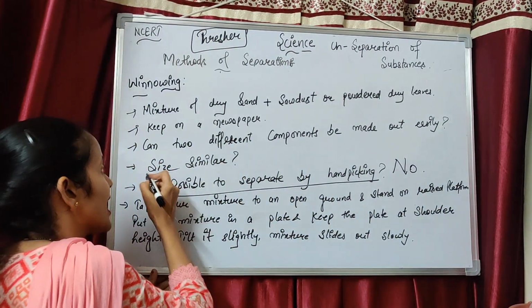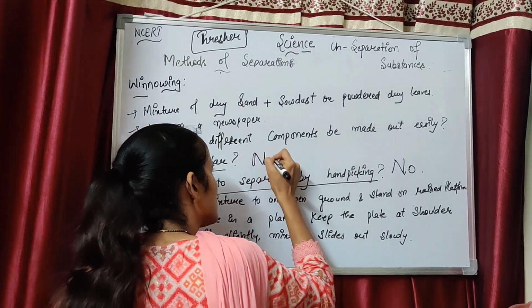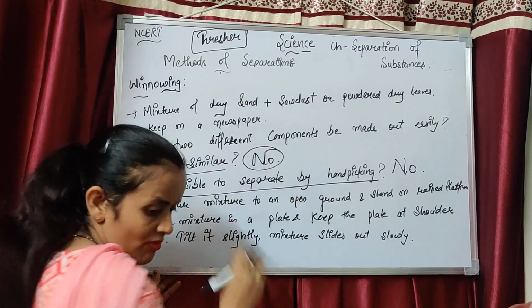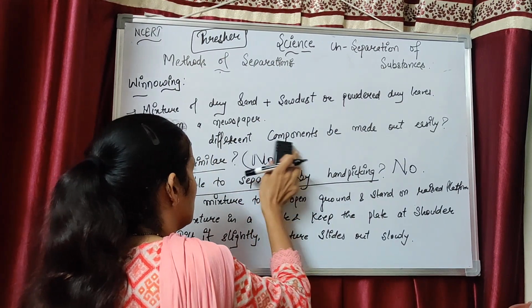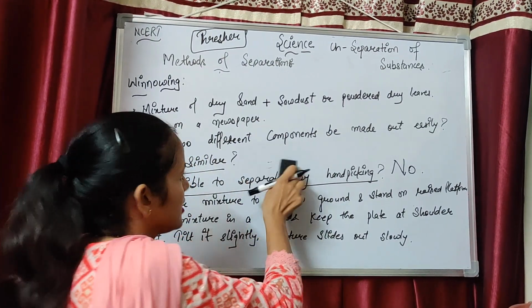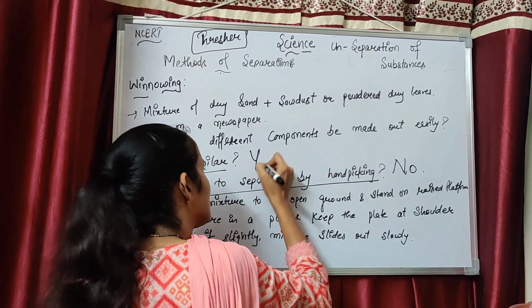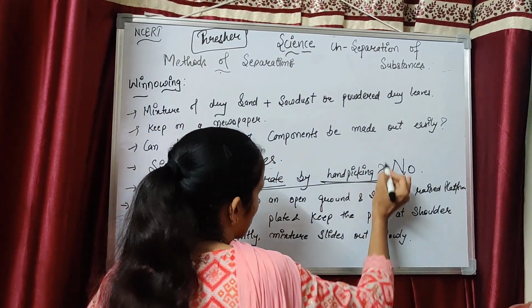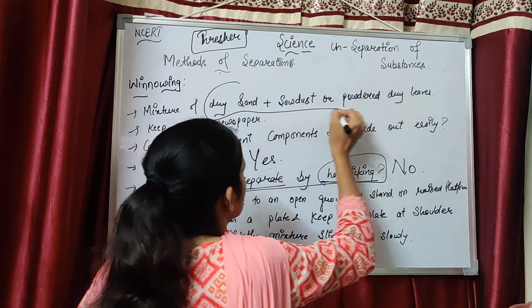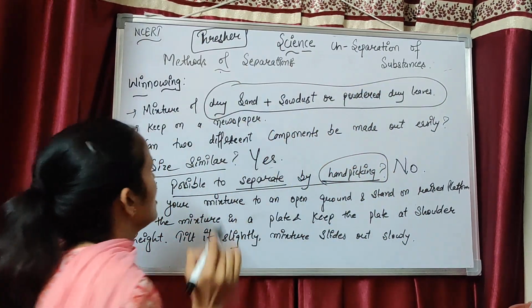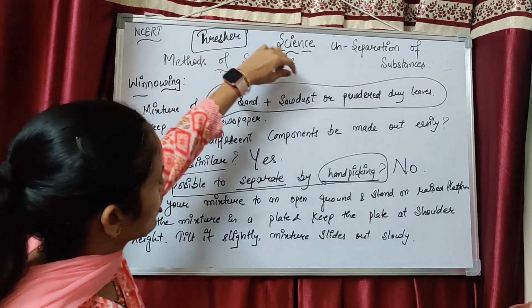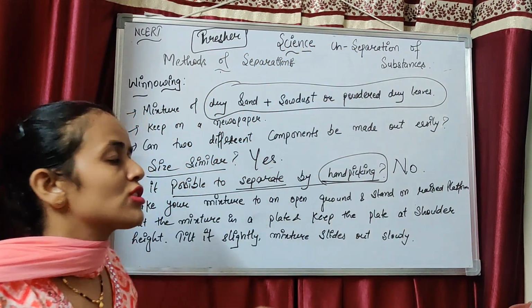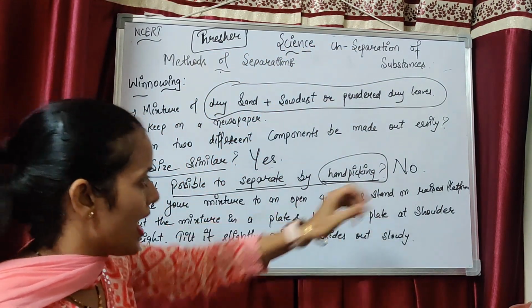Are their sizes similar? Yes, their sizes are similar. That's why we cannot use hand picking to separate the mixture of dry sand, sawdust and powdered dry leaf.